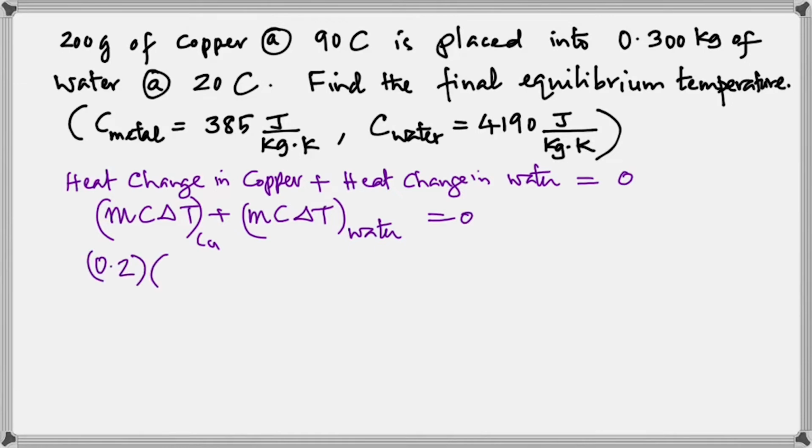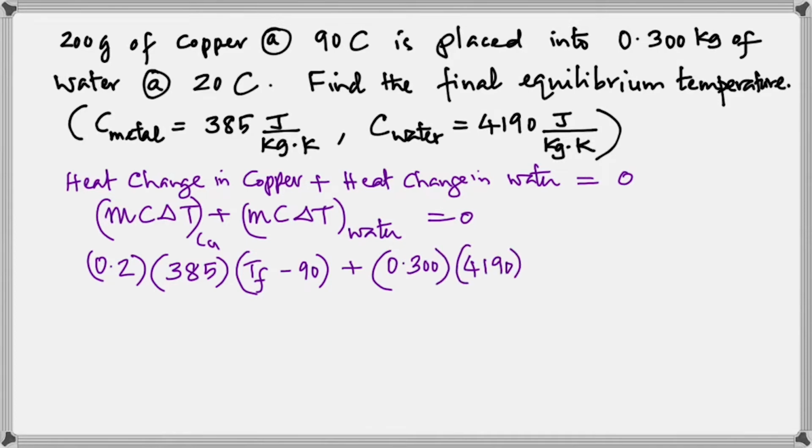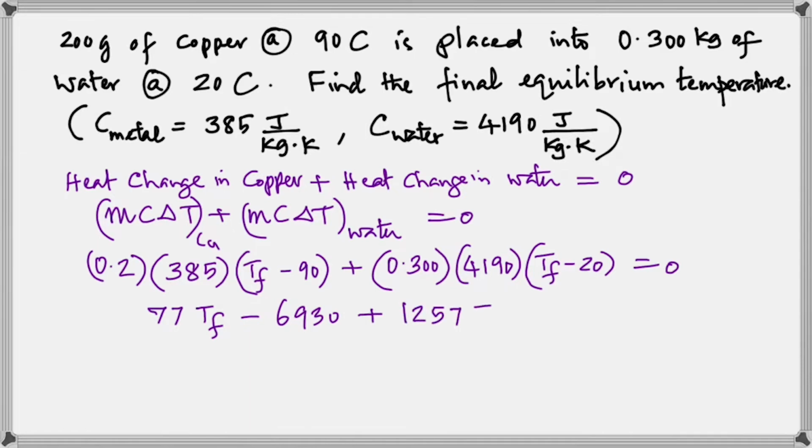And this is going fast because my students actually did it. They're so good. All right, so 0.2 times that, mass times specific heat times change in temperature. Whenever you take the change in temperature, it's final minus initial, isn't it? Don't forget. Okay, so that's for copper, and then for water is equal to 0. Do the math. If you really need to slow it down, you know what to do on YouTube.